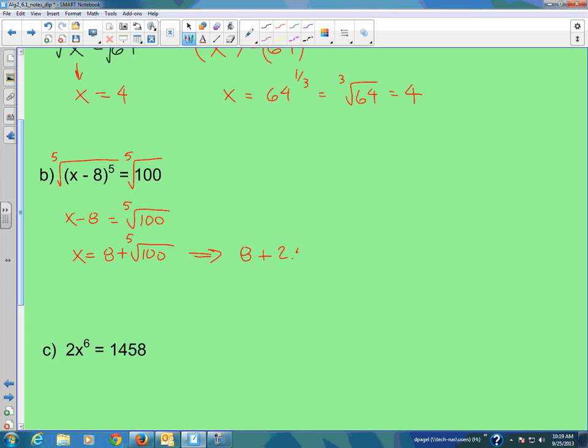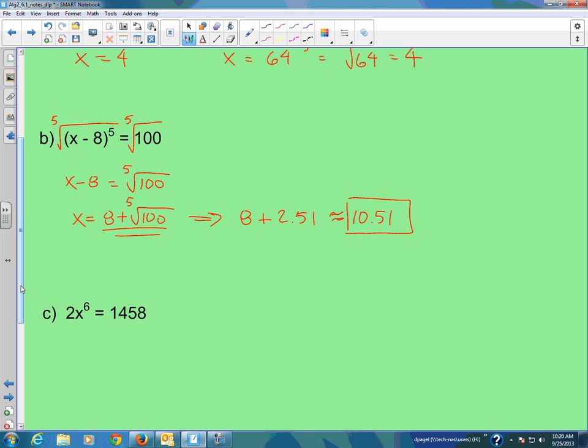So approximately 2.51, and this becomes 10.51. Again, that's an approximate value. It's not exact. This would be an exact answer. It's not real useful for calculations, but if I was solving for x equaling time, for example, it would be better to leave our answer as a decimal for time than the 8 plus 5th root of 100.